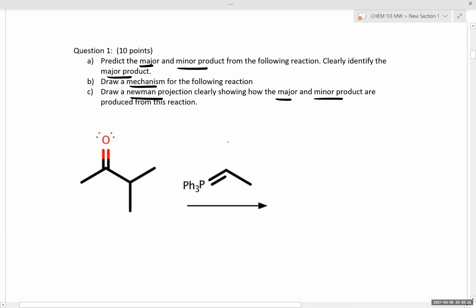Okay, so first and foremost, this is an unstabilized ylide. And as a result, the unstabilized ylide will prefer to produce the Z alkene.